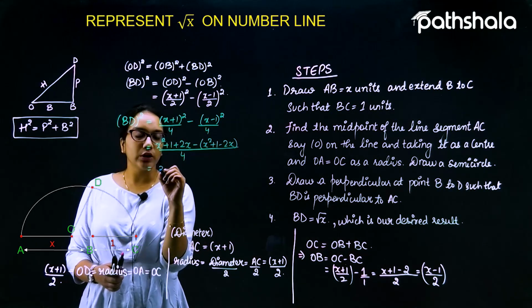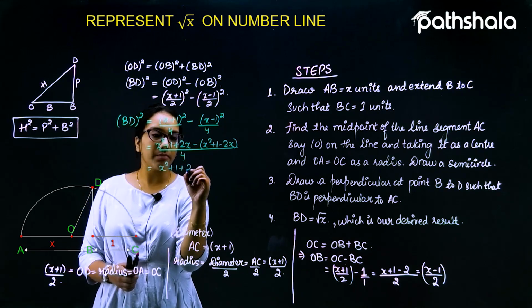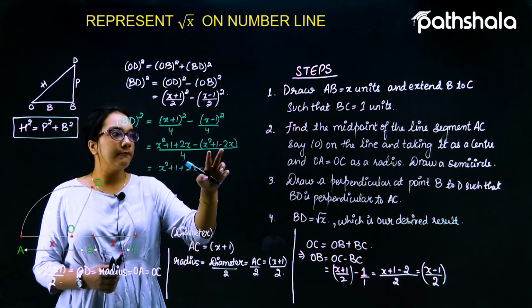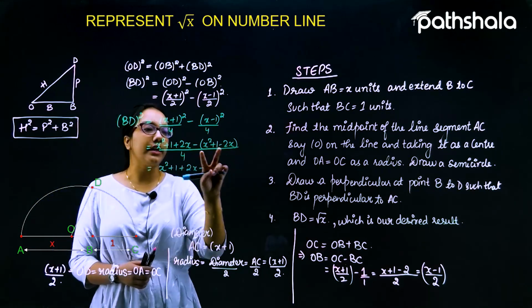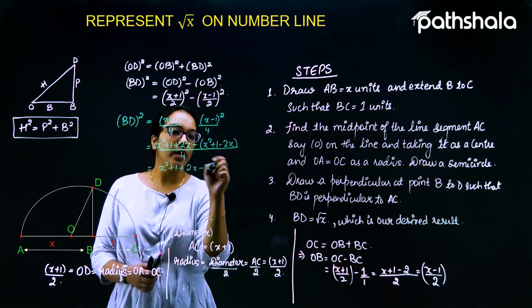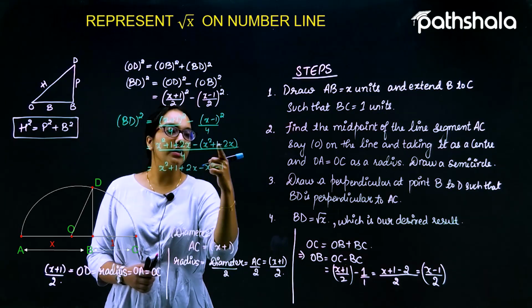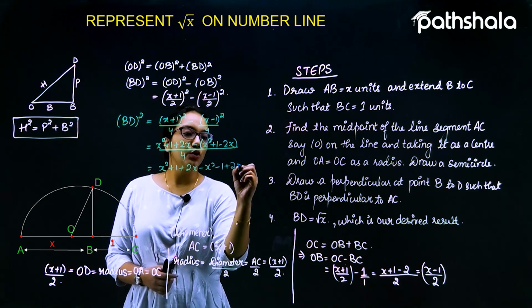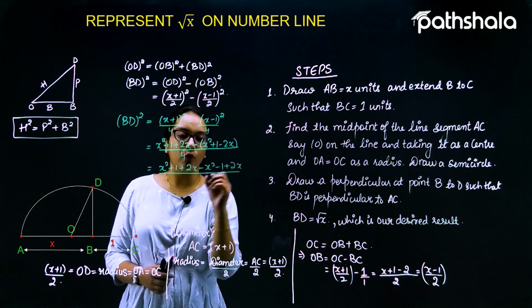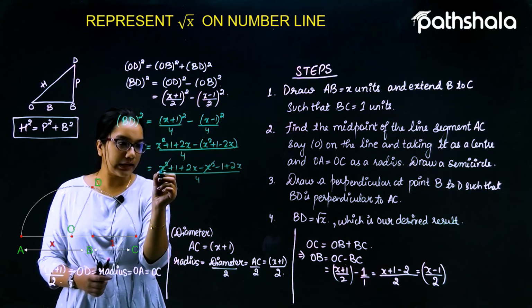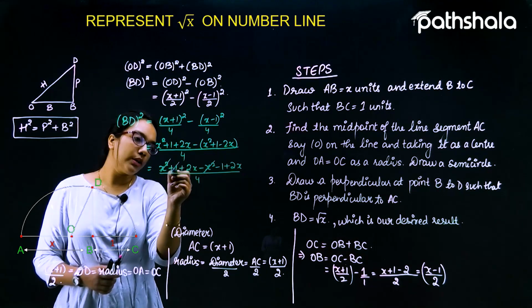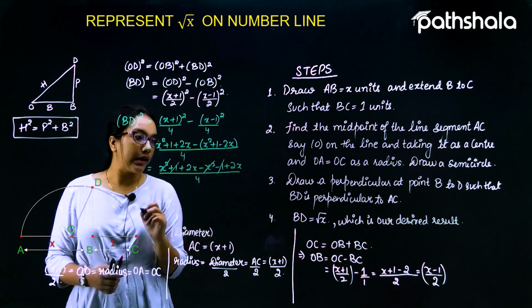Now expand it further: x square plus 1 plus 2x minus, when we solve the negative of this bracket, minus x square minus 1, and minus minus is plus 2x, all divided by 4. Now x square and minus x square get cancelled out. Along with it, plus 1 and minus 1 get cancelled out.